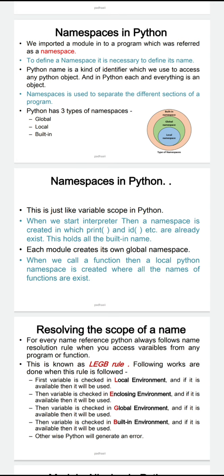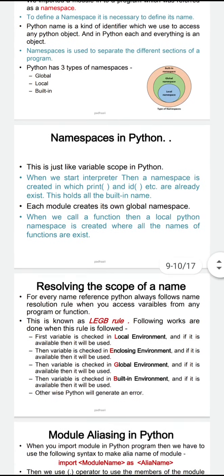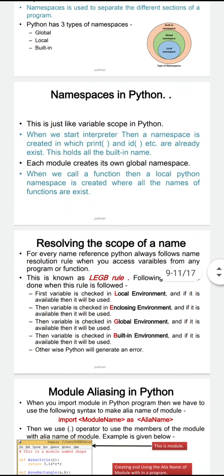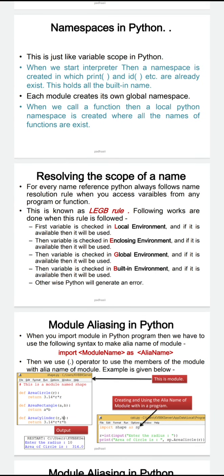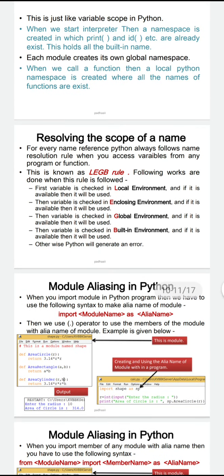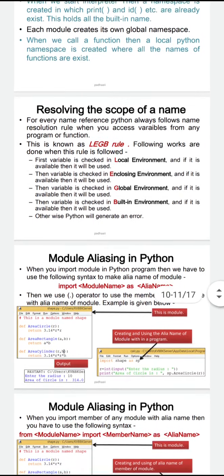When we start the interpreter, a namespace is created in which print and id functionalities are already there, and we can just call them and use them. And each module can create its own global namespace. This is not a very important topic, so let's skip namespaces over here.